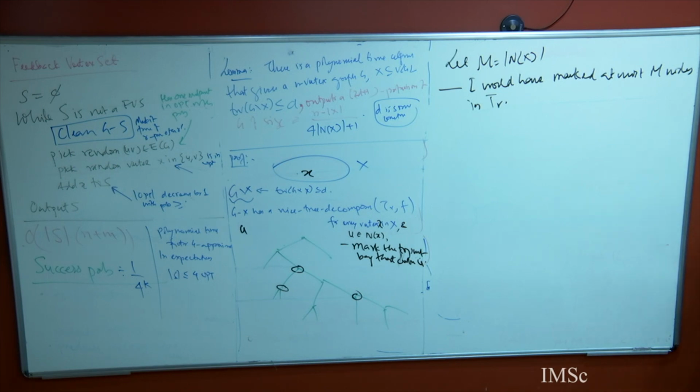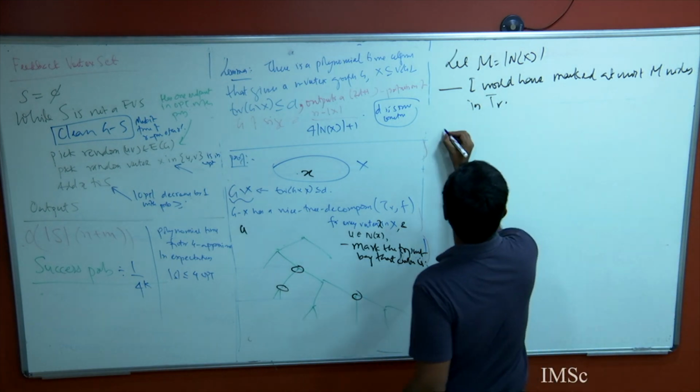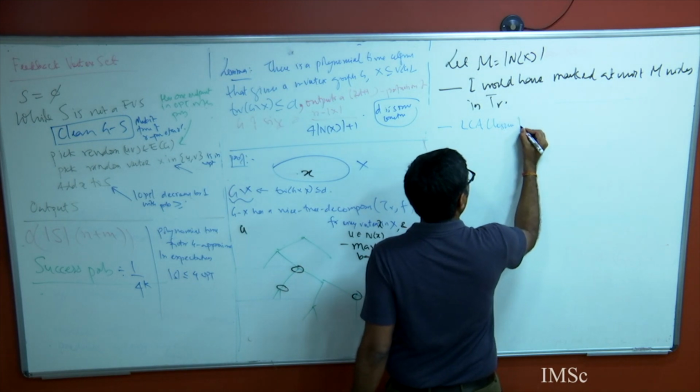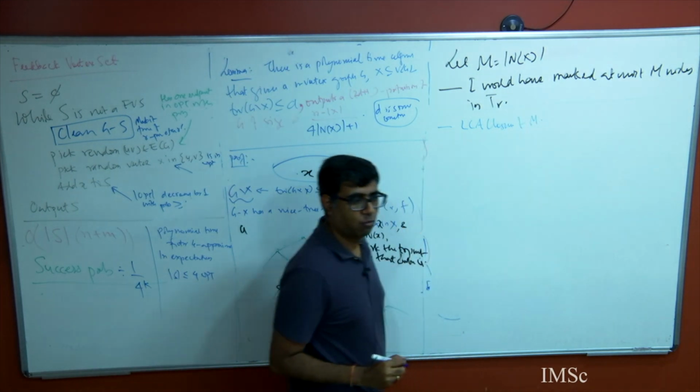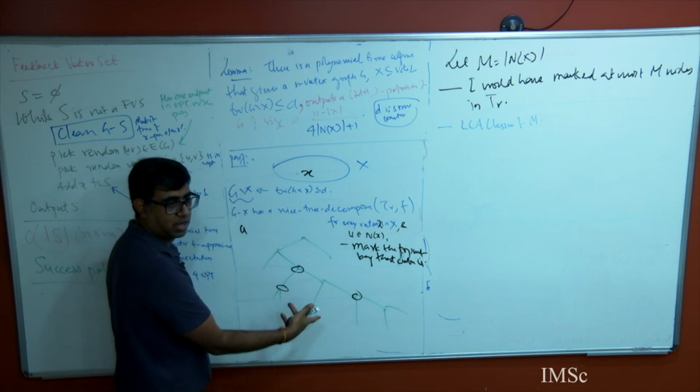Okay. Now I do the LCA closure of M. What is an LCA closure of M? Look at two marked nodes.